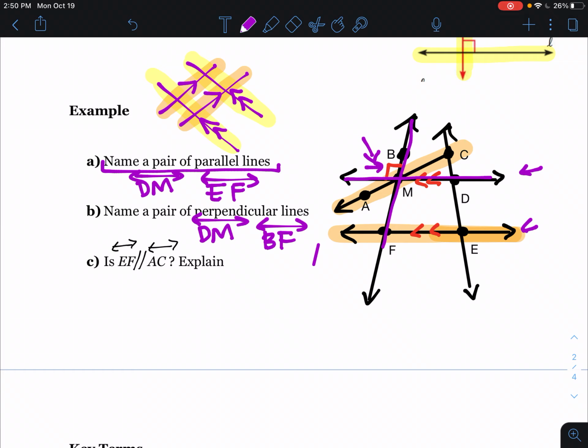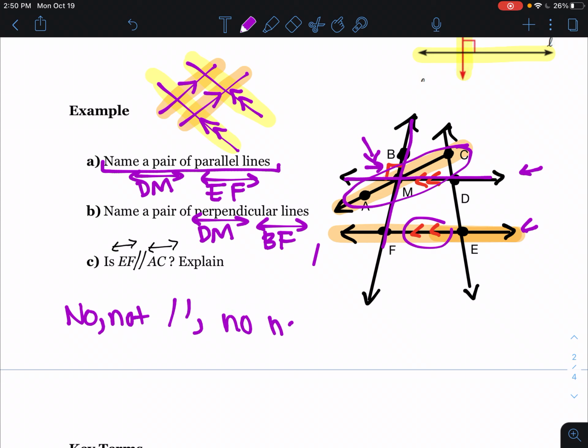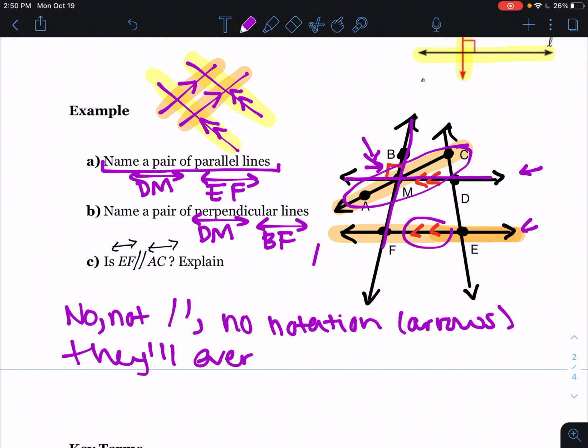I don't see any arrows that match here on line AC. I don't see any of those. So I'm going to say no, they're not parallel. There's no notation or no little arrows. They'll eventually meet.